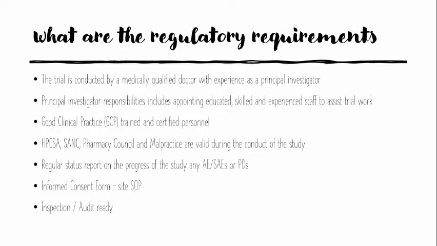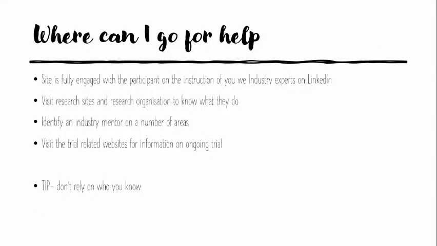Also, you must be ready for inspections, because you will be inspected by the regulator, you will be audited by the sponsor, and the ethics committee also does audits. So these are the type of regulations that you must be prepared for and know that they are available and will come.